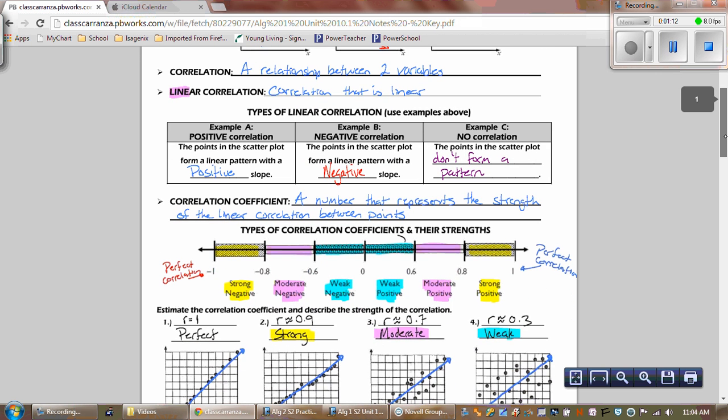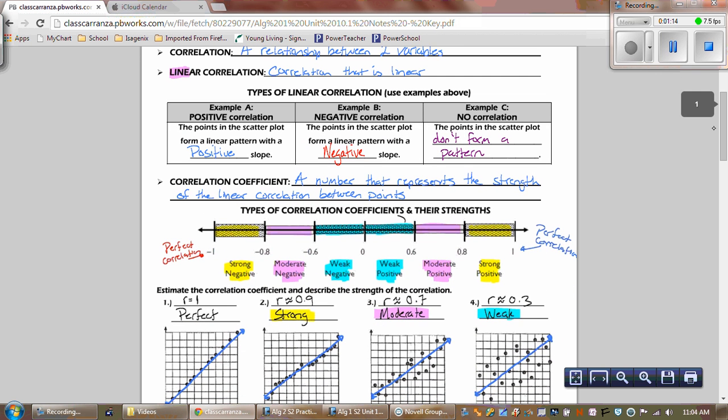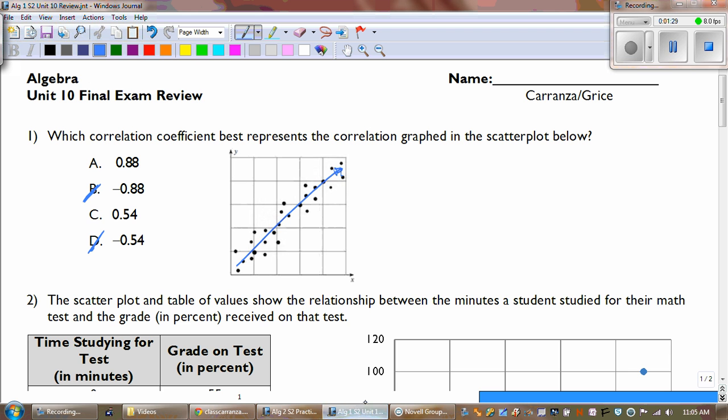Well, if it's between 0.8 and 1, it would be a strong positive correlation. And if it's 0.54, it looks like it would be weak. So would you describe that as weak or strong? Yeah, guys, that's strong. So that would be 0.88.